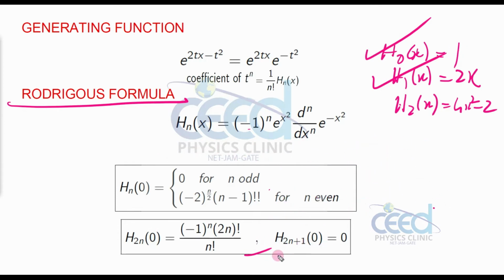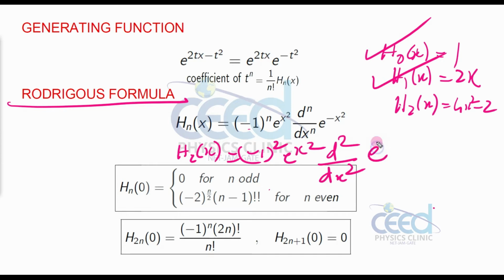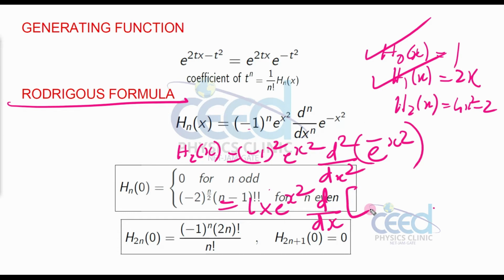Now let us check this for H2 of x. I can write H2 of x is equal to minus 1 raised to 2, e raised to x square into d square by dx square of e raised to minus x square, right? So this is equal to 1 into e raised to x square into, differentiating the first time, minus 2x into e raised to minus x square.